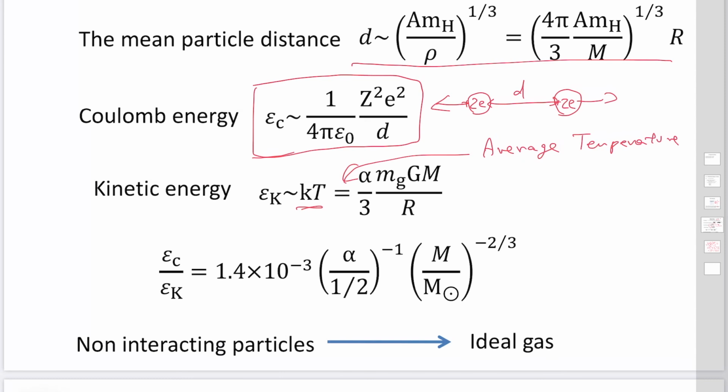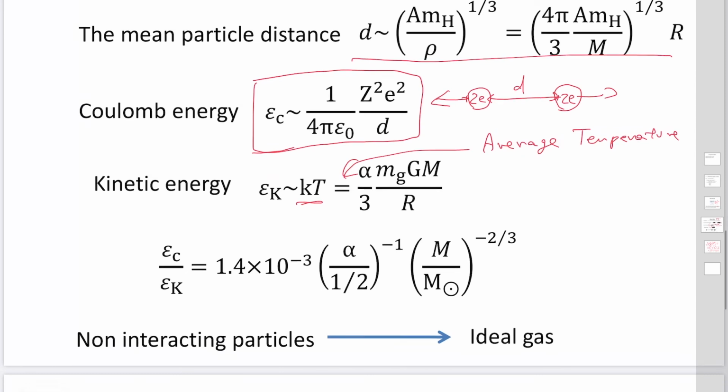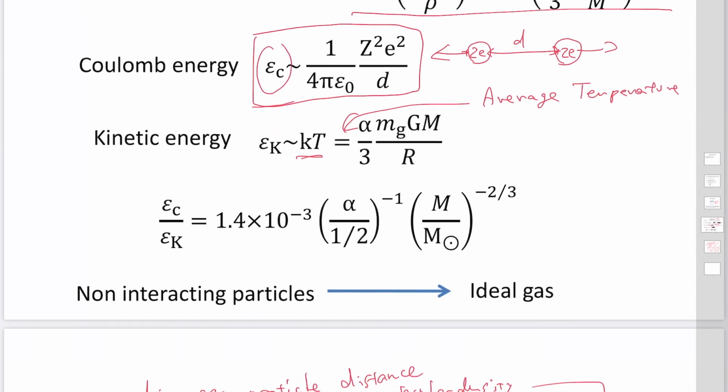Then we can compare these two energies, the Coulomb energy and the kinetic energy. Kinetic energy is the translational energy of the particles. Then take a ratio.